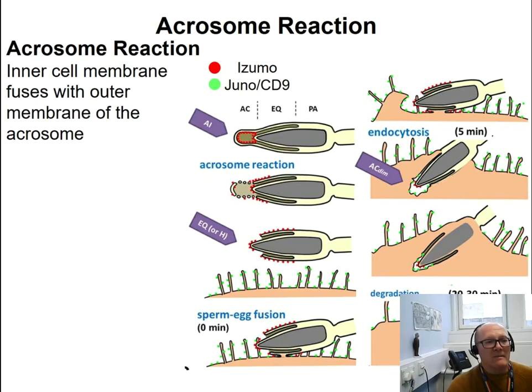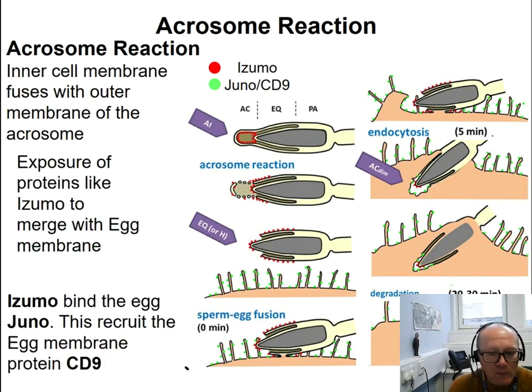Now here, in the membrane of the egg, an important protein that we mentioned before is needed, which is Izumo. Izumo, after the acrosomal reaction, is now exposed on the surface of the membrane of the sperm, and Izumo binds two proteins, Juno and CD9, that are expressed on the membrane of the egg.